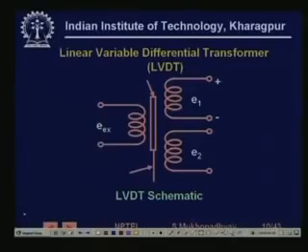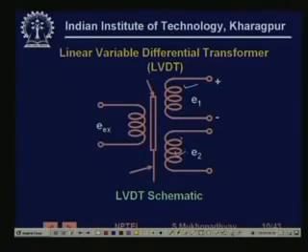There is one primary coil and two secondary coils, both of which are coupled to this primary. The degree of coupling is what changes with the motion.